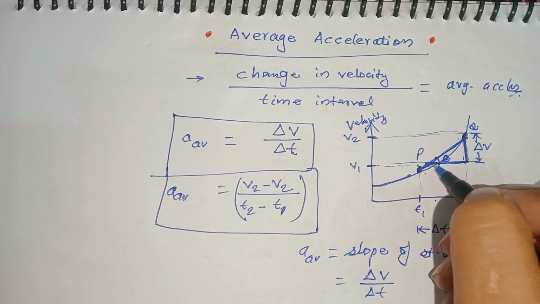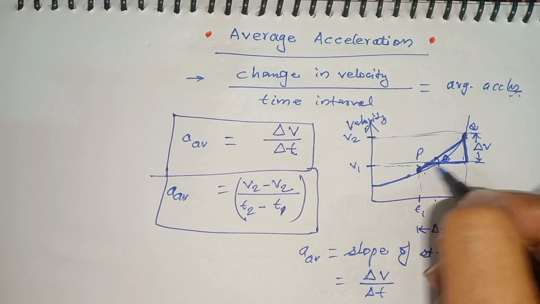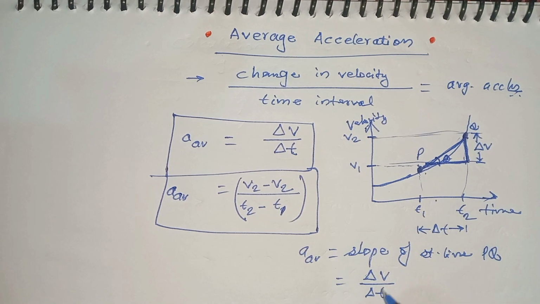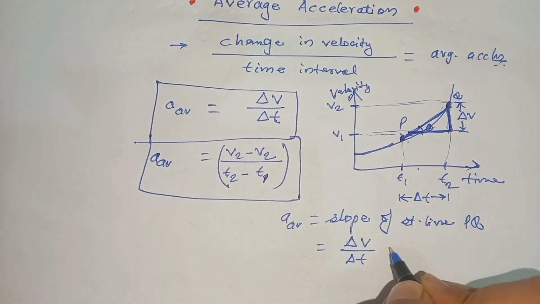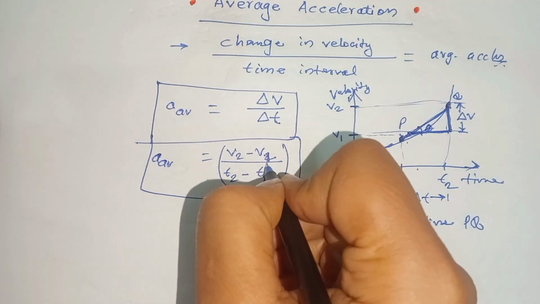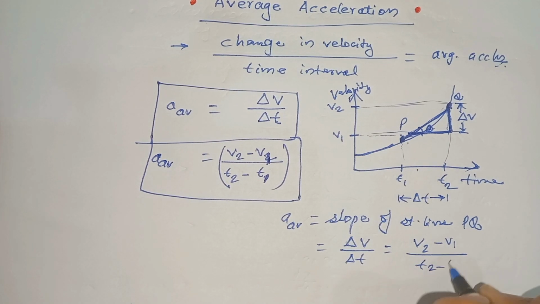In this right angle triangle, the perpendicular is delta V and the base is delta T. So the slope comes to be delta V by delta T, which can be extended as V2 minus V1 by T2 minus T1.